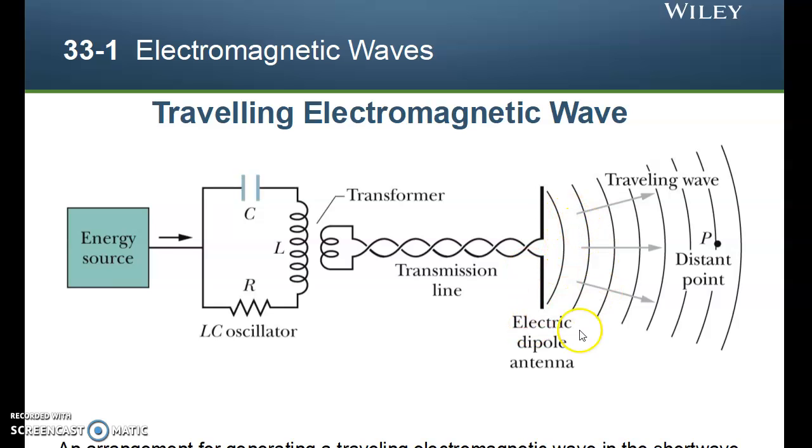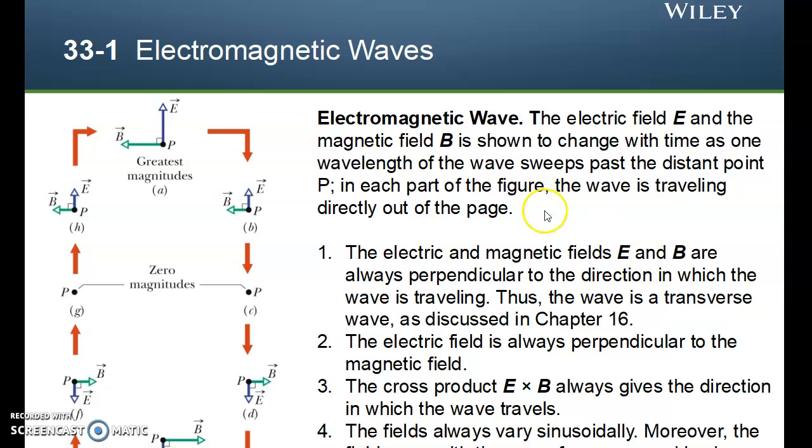From this point, waves are generated, and even though this is drawn flat, they spread out from there in a spherical or conic type of distribution, and are detected at some point P distant from that source.